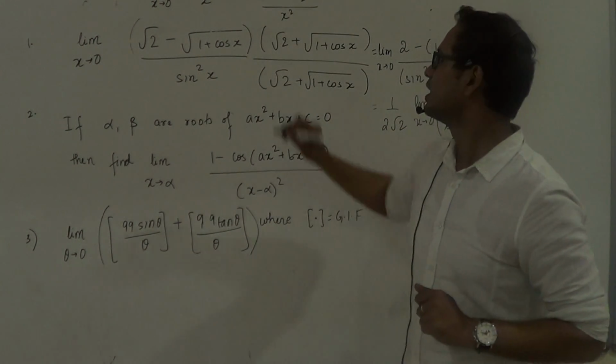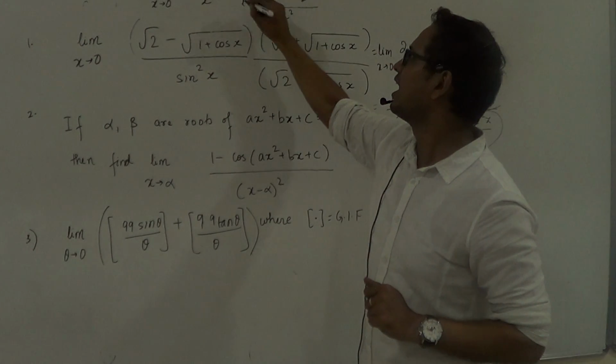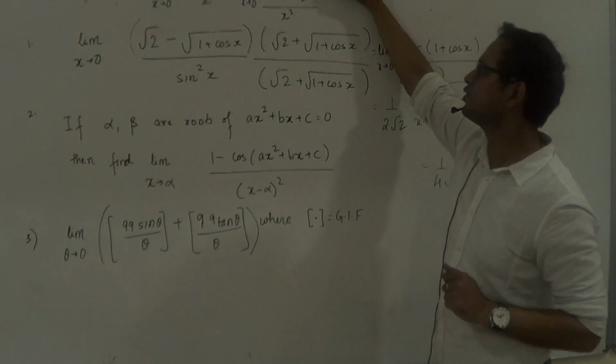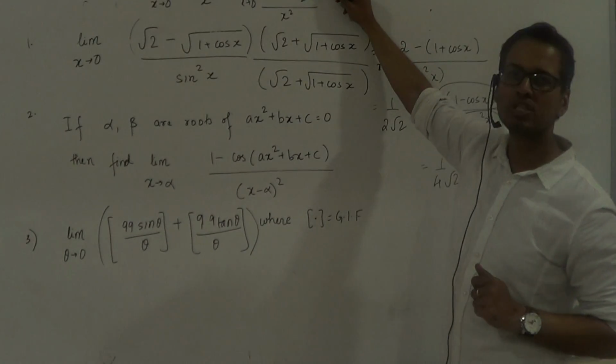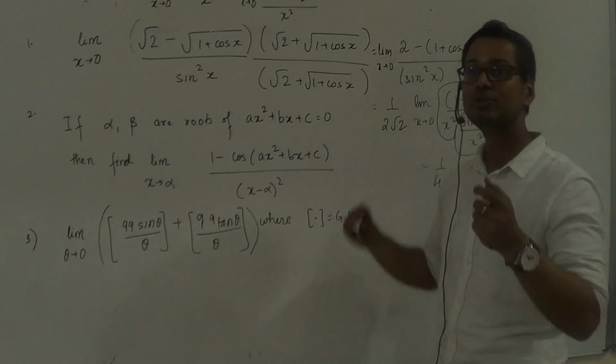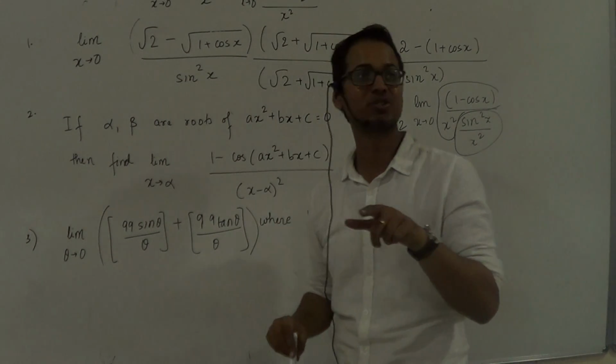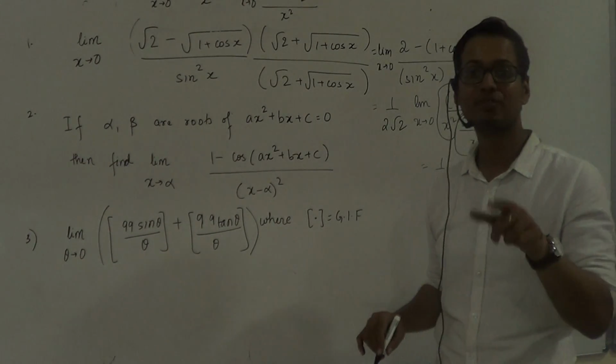Now, you tell me, as x tends to 0, if you see a sin square x by 2 on top, what do you need in the denominator to neutralize this? You need x by 2 whole square, which is x square by 4.